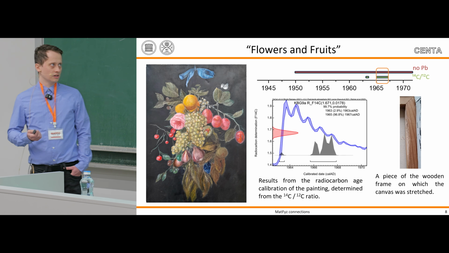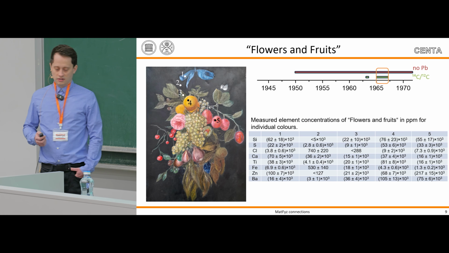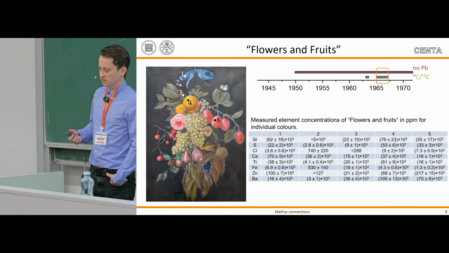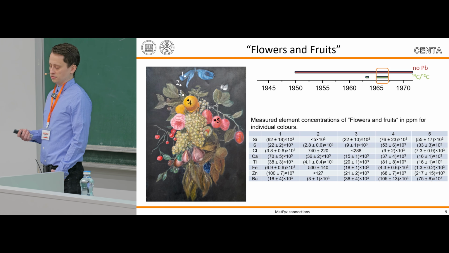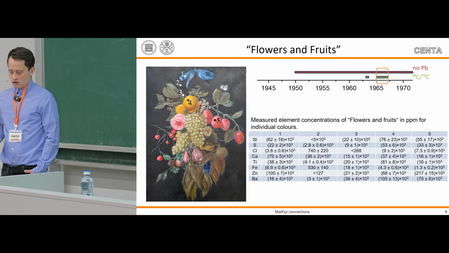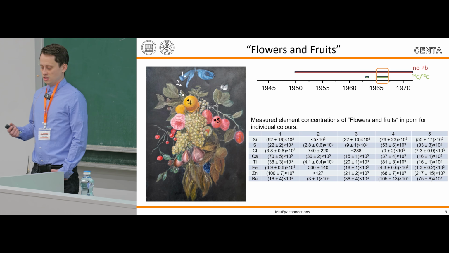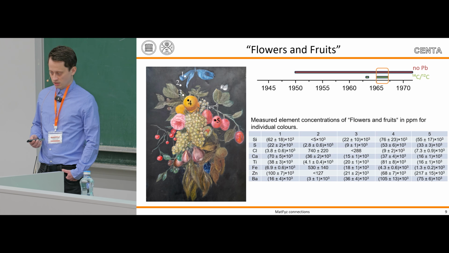Instead, titanium and zinc were identified in the samples, and these two elements are the modern common part of white pigments. Also, PIXE analysis identified higher levels of barium and calcium.